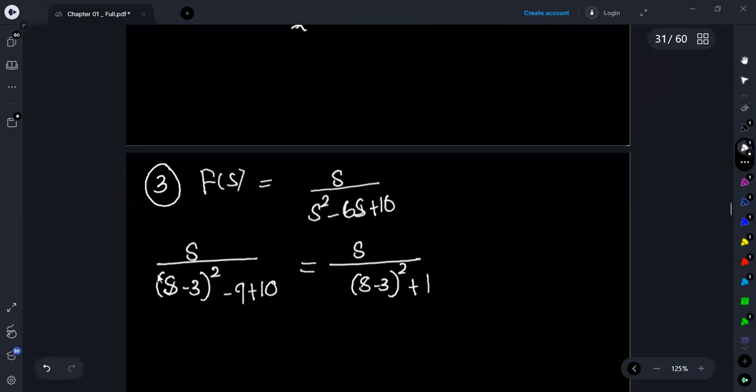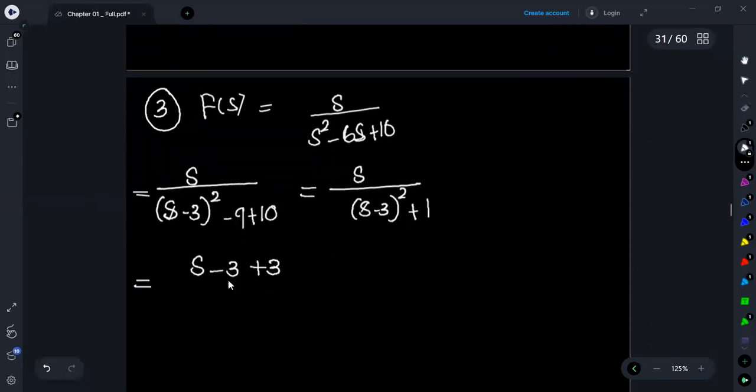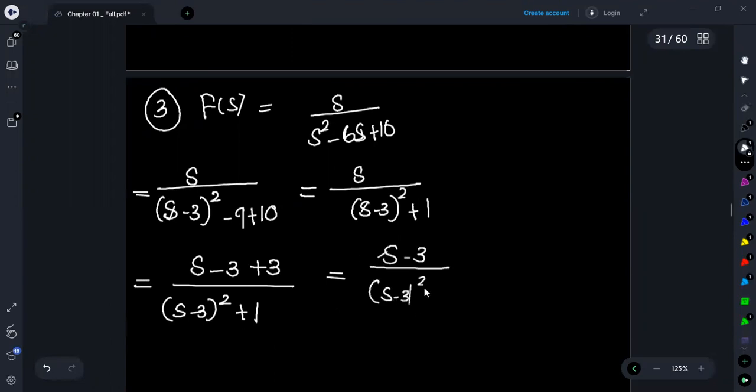Then we can rewrite s as s minus 3, and since we are reducing 3, we need to add 3 as well, with the denominator s minus 3 to the power 2 plus 1. We can separate this into two parts: s minus 3 over s minus 3 to the power 2 plus 1, plus 3 over s minus 3 to the power 2 plus 1.